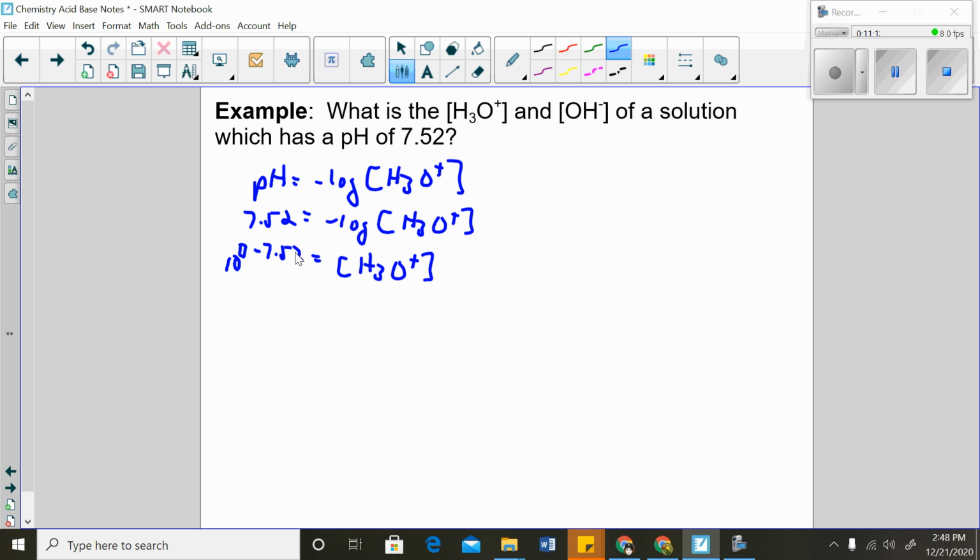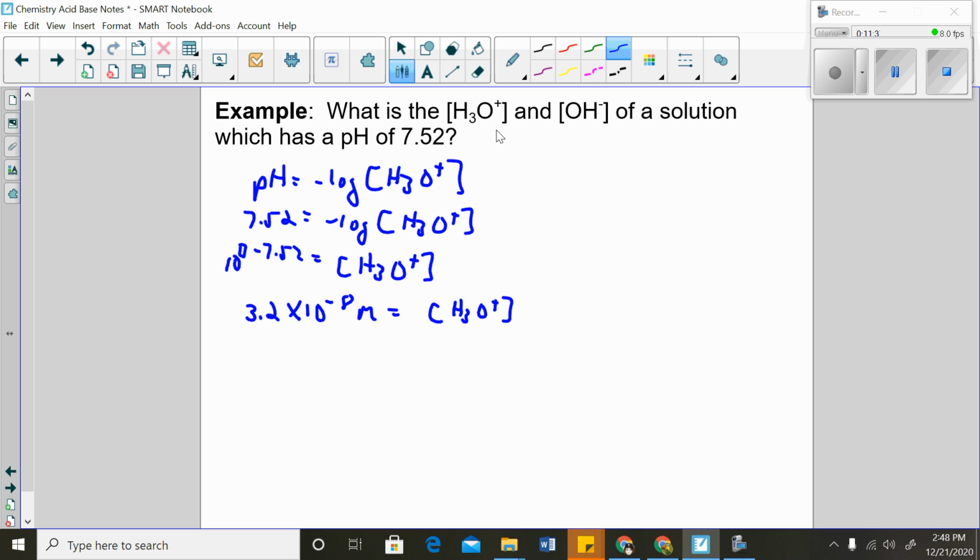Now see, you get a lot of zeros, right? So you can either write all of those, but my choice is to put this into scientific notation. So it's 3.2 times 10 to the negative, and I will count 1, 2, 3, 4, 5, 6, 7, 8. And that is my H3O plus.